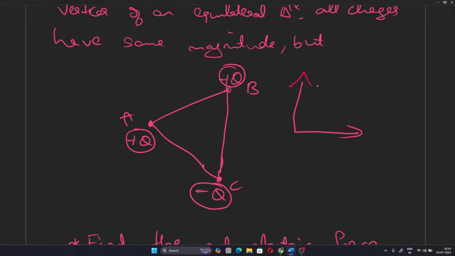They're not asking us the net electric force, actually they're asking the direction of the force. So we just need to find the direction, not the force.